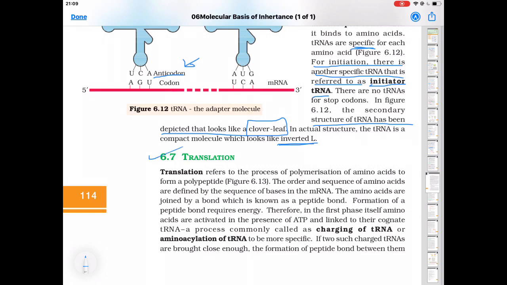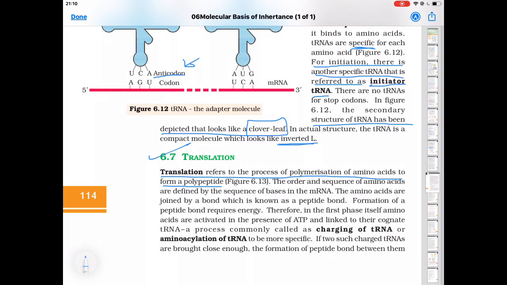Now the translation. Translation refers to the process of polymerization of amino acids to form a polypeptide. During the translation process, polypeptide formation occurs because different amino acids combine together and form a polypeptide chain. The order and sequence of amino acids are defined by the sequence of bases in the mRNA.